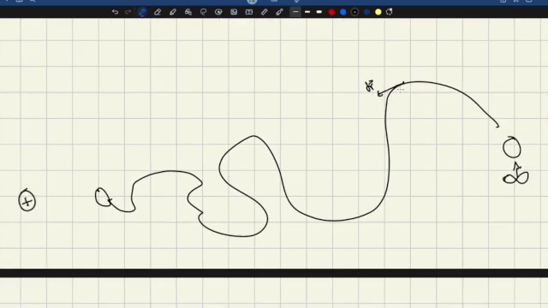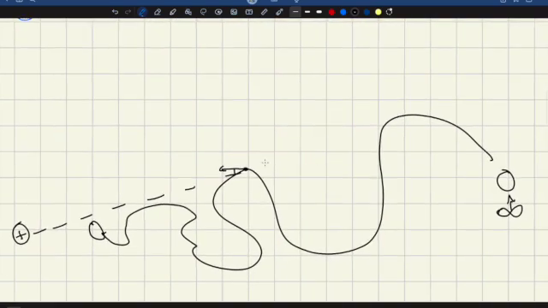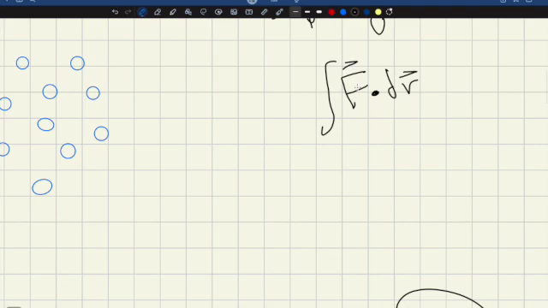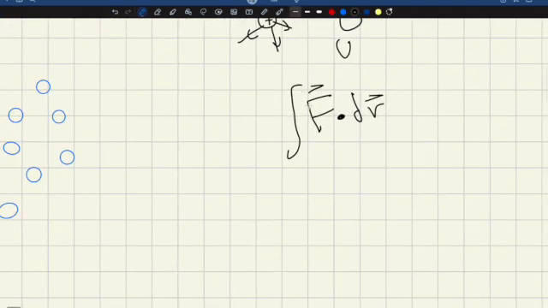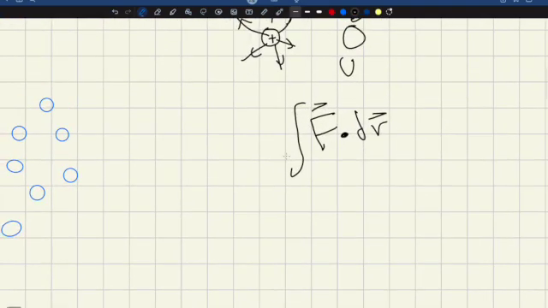I chose a very bad point for this, so let's choose this point. The dr vector will just point tangentially to the curve, while the force vector points towards the point charge, and the dot product between these two vectors gives the increment to potential energy from that point, and all those integrated together gives us the potential energy.